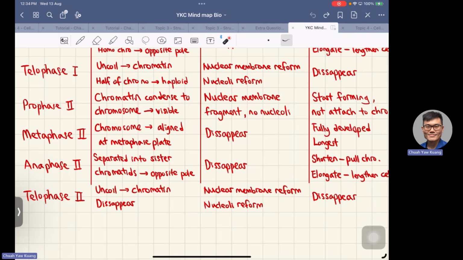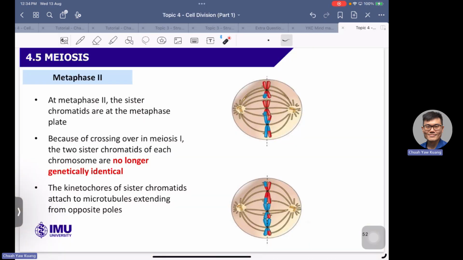Then metaphase 2, same thing. In the metaphase of mitosis, it is the chromosome being aligned at the metaphase plate. Right? So over here is also the chromosome. What is the difference? Because when they want you to compare meiosis 2 and mitosis, what is the difference?